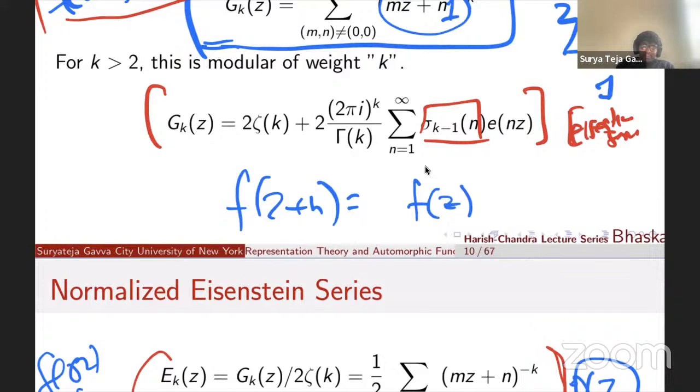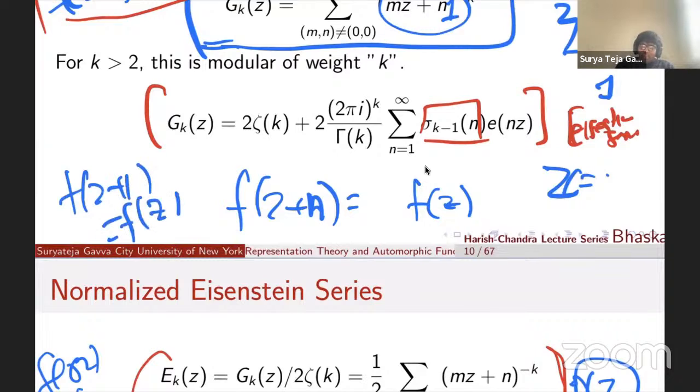So for an automorphic function, what is the period? Periodic just means that here n is any integer. I don't mean the period. The period is 1, so f of z plus 1 is f of z.